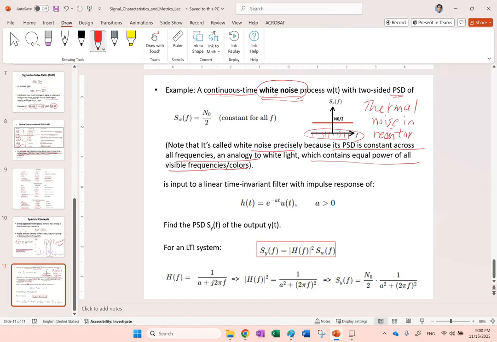And you might ask, what is the constant if it's thermal noise in a resistor?